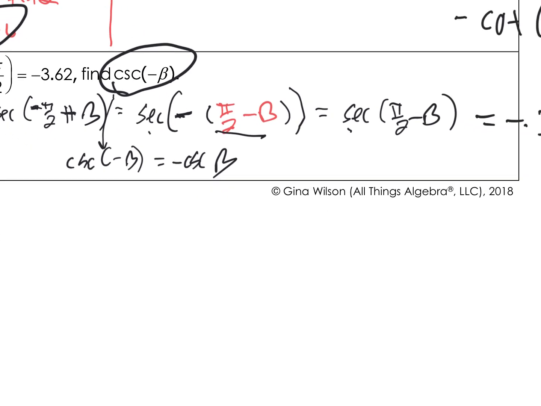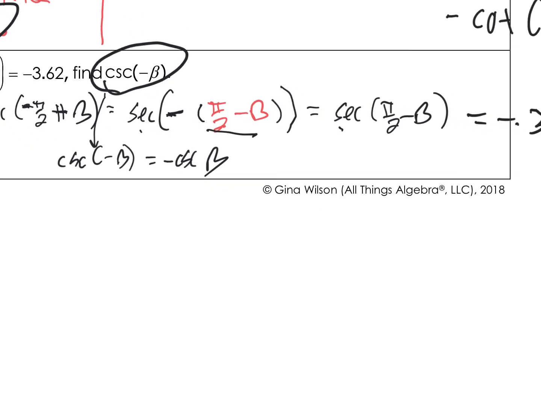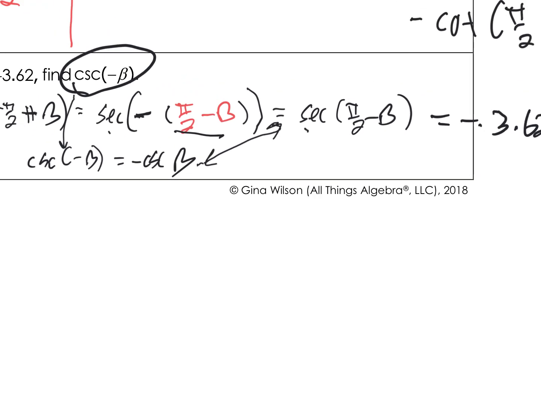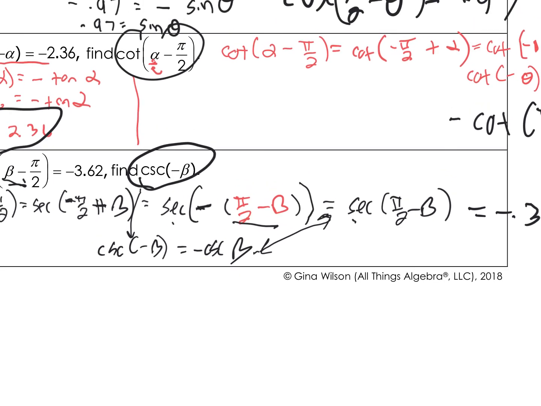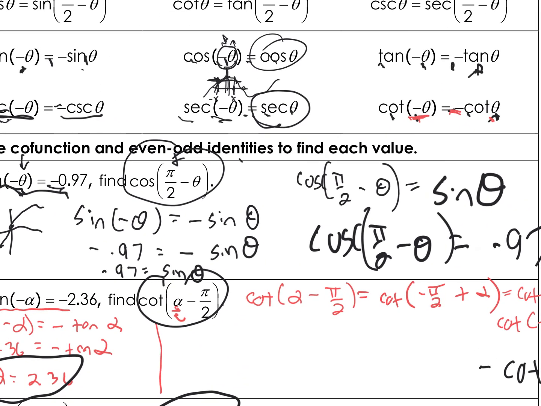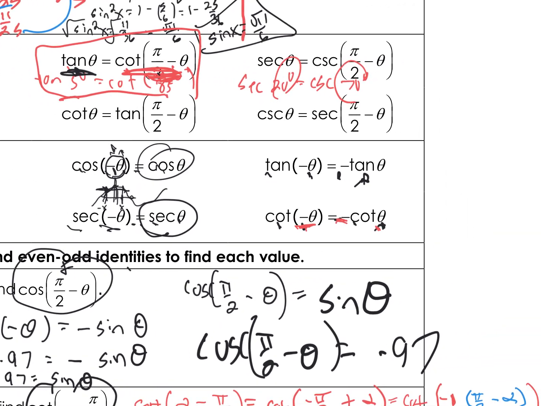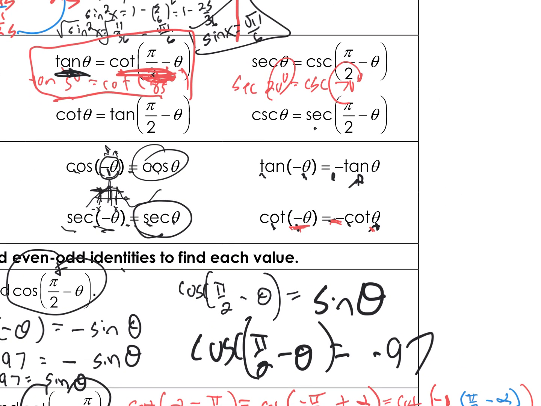How are these two related? How is cosine related to this one? Is that up there? Let's find it. Secant of pi over 2 minus the angle. There it is. Secant of pi over 2 minus theta is cosecant of theta.